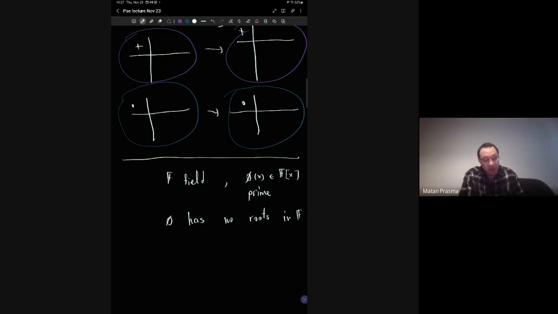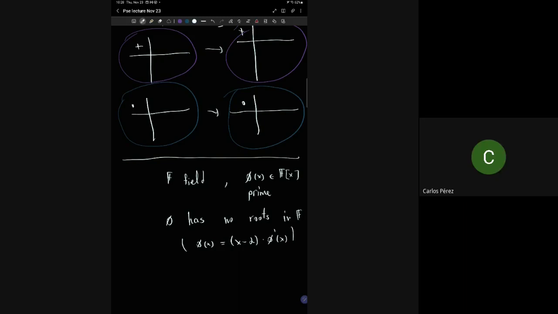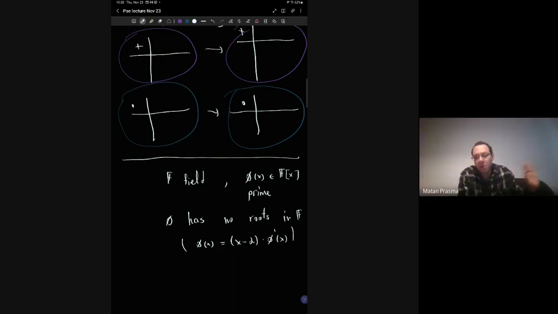Because if it had a root, then you could write phi(x) equals x minus the root times some phi prime(x). So then phi would not be a prime polynomial. Okay, so a prime polynomial, you can be sure it has no roots.